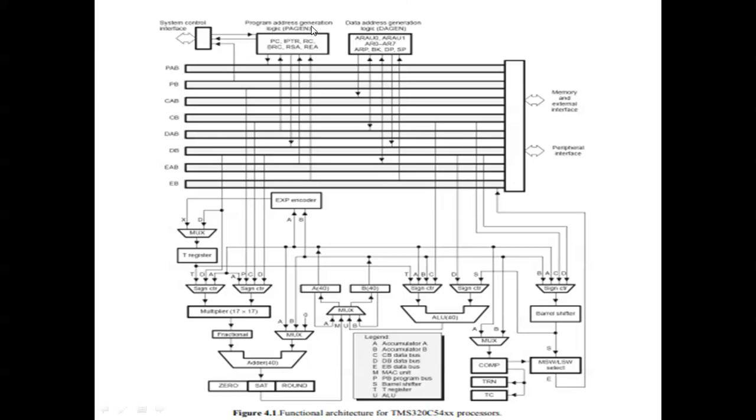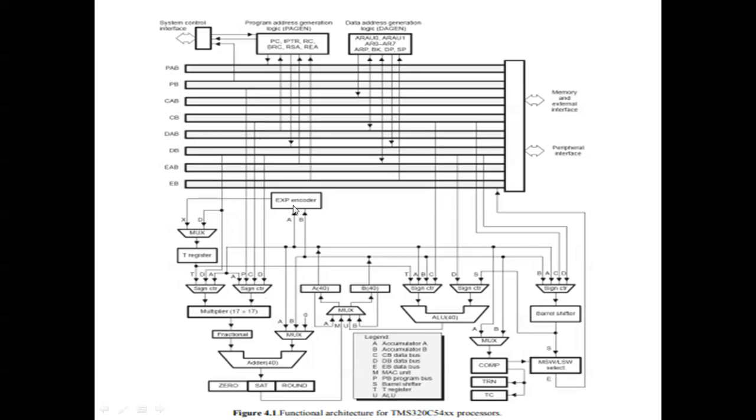Just look at the program address generation logic, the data address generation logic, and the memory. Then the functional interface: exponent encoder, ALU, barrel shifter, then mux and computation part, TC, TRN, and the ALU, then the mode register and the T register.